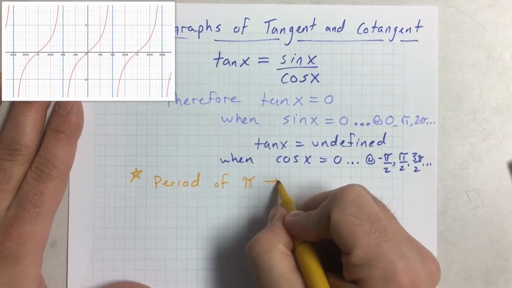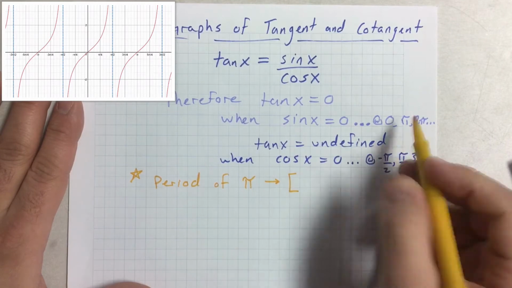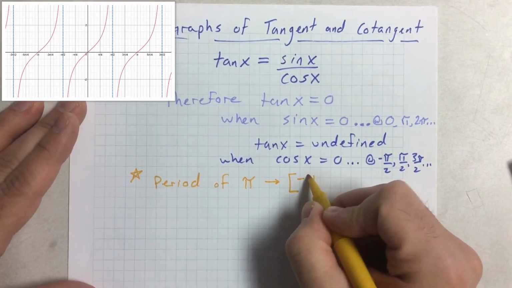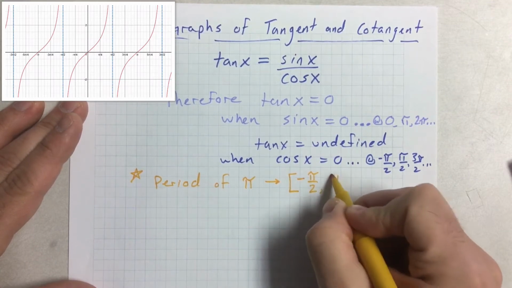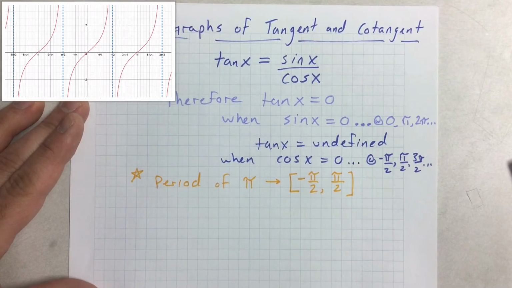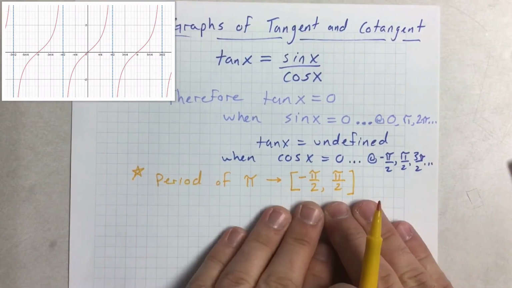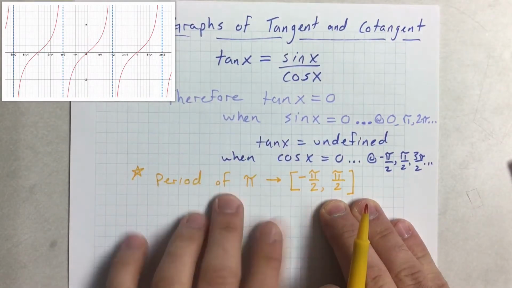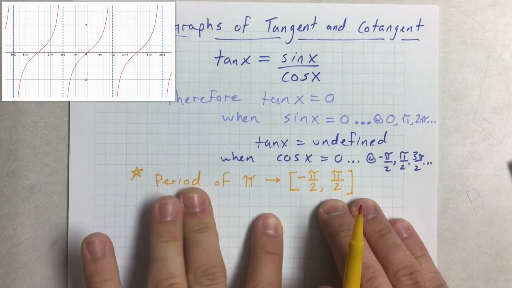So we're going to see this interval. You saw me up here write negative pi over 2. We're going to look at this interval going from negative pi over 2 to pi over 2. Okay, so that is one difference already with the tangent function and cotangent, is that our period is shorter.